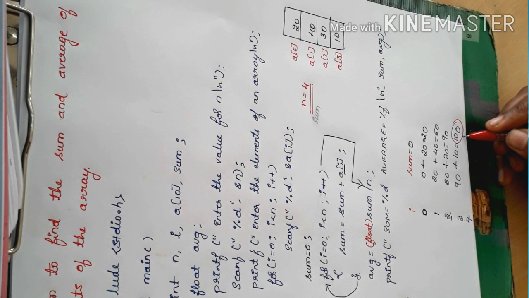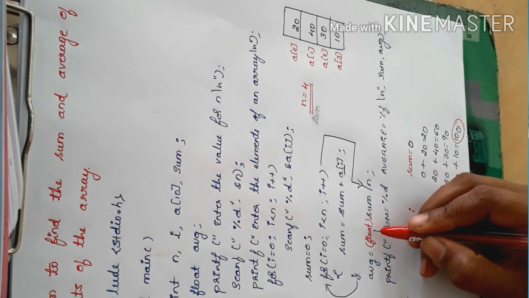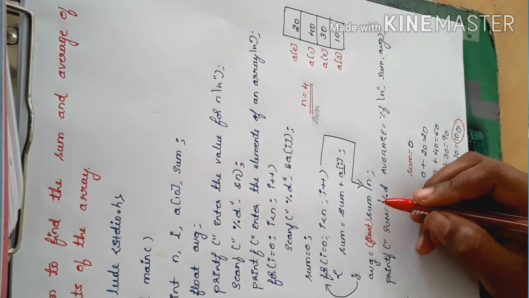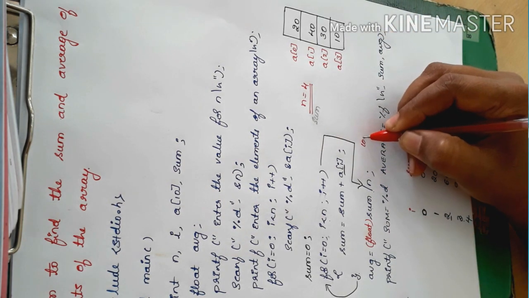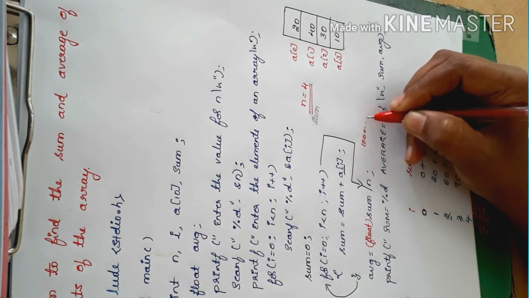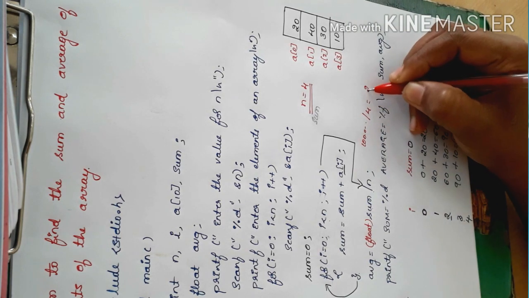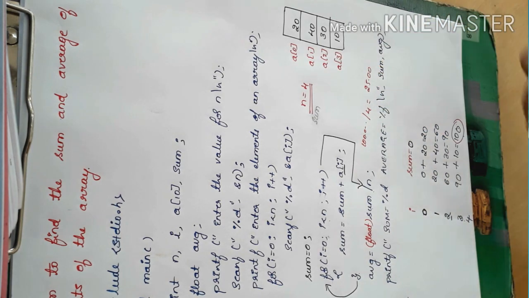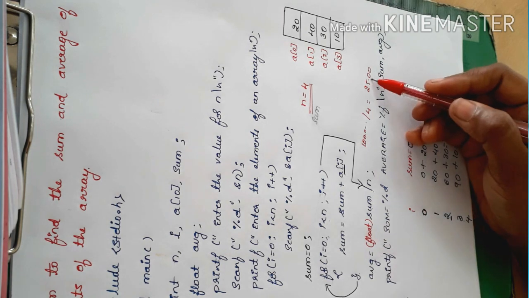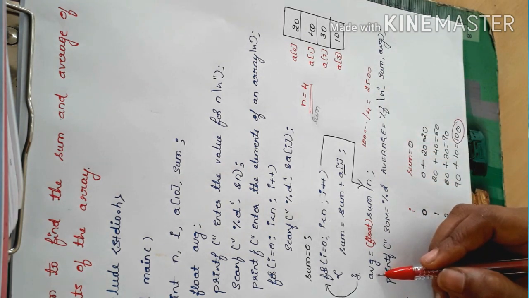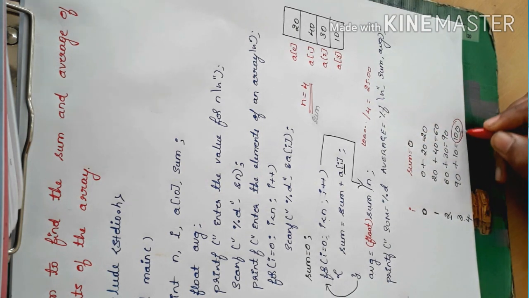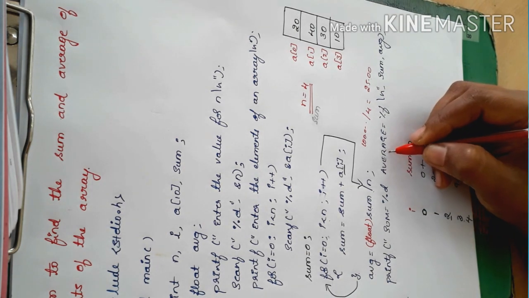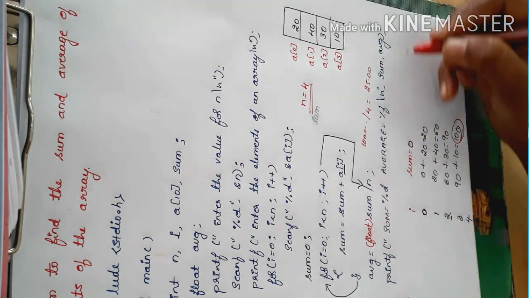Sum value is 100, so that 100 is converted to floating point data, that is 100.00, divided by n value 4. So we will get the value 25.00. Like that, the resultant value gets stored in the variable average. Next print statement prints the value of the variable sum, that is 100, and also the value of the variable average, that is 25.